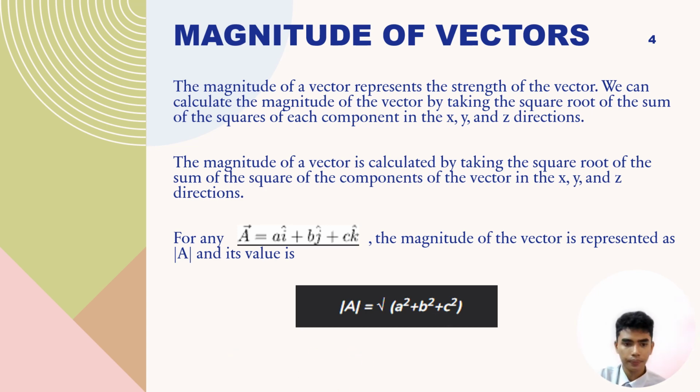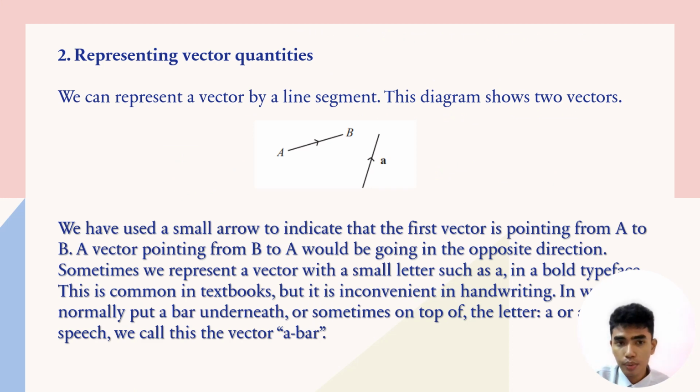Let's move on. We're going to continue with our first slide. Right here we're going to learn about representing vector quantities. We can represent a vector by a line segment. This diagram shows two vectors. Like I said in the second slide, a vector can be represented as a line with an arrow drawn on it.